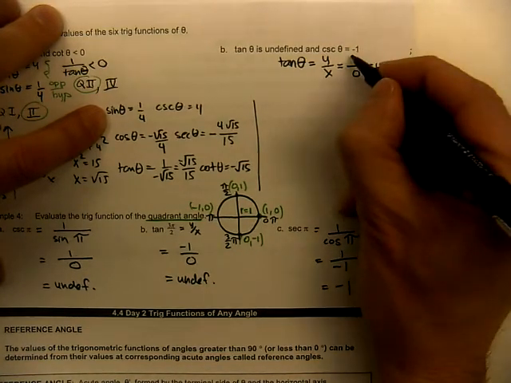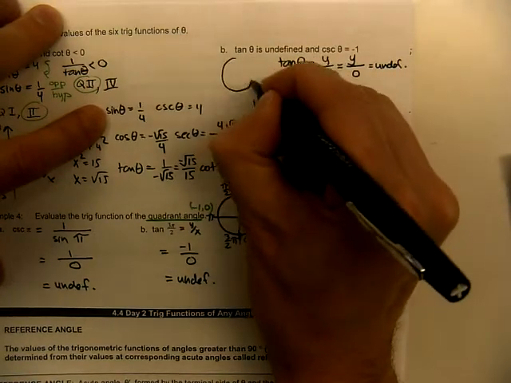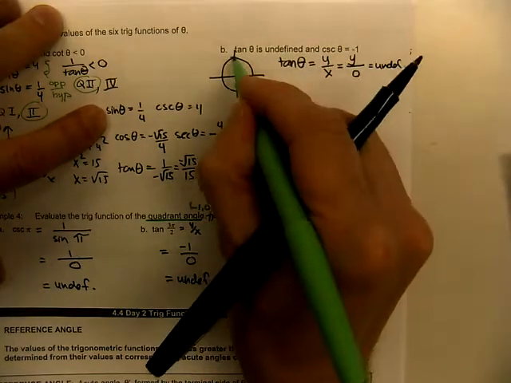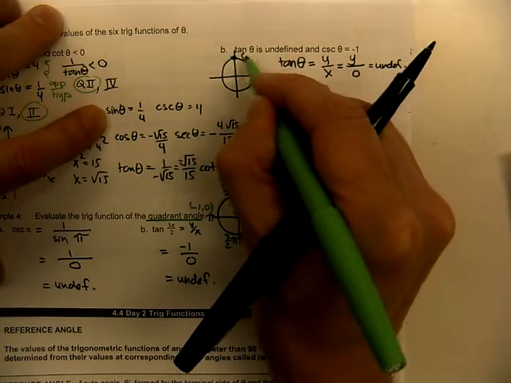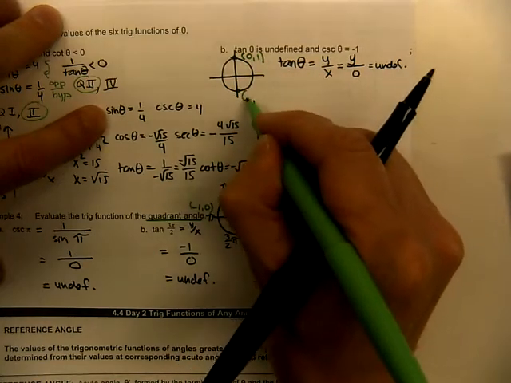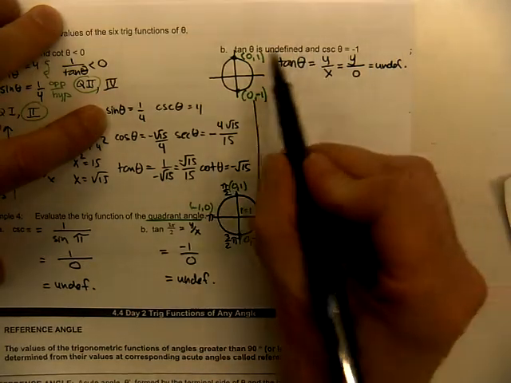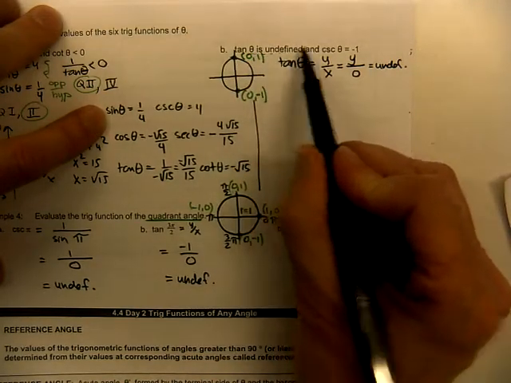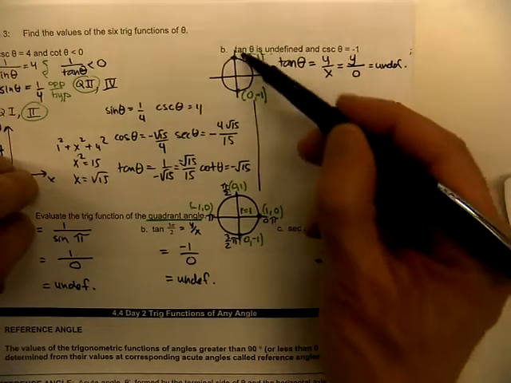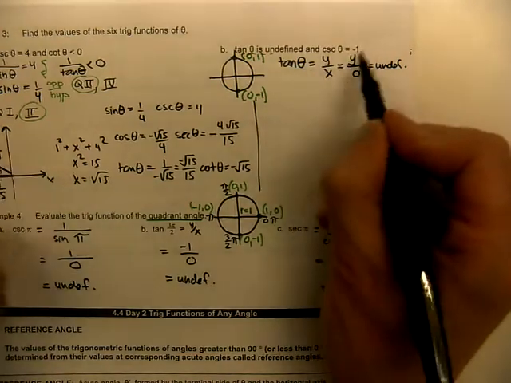So I don't know what the y is, so I'm just leaving that as a y, because at this point, there's 2 possibilities. We're either at the top of the circle, which is 0, 1, or we're at the bottom of the circle, which is 0, negative 1. So the first piece of information, tangent is undefined, provides us 2 possibilities. So that's why we then have to look at the constraint. This helps us to narrow down the options.